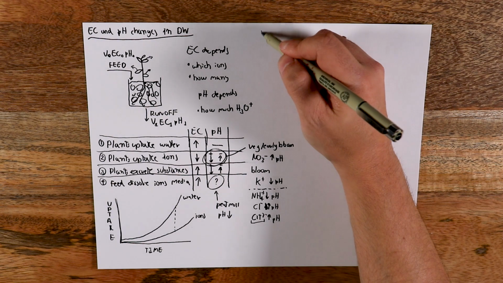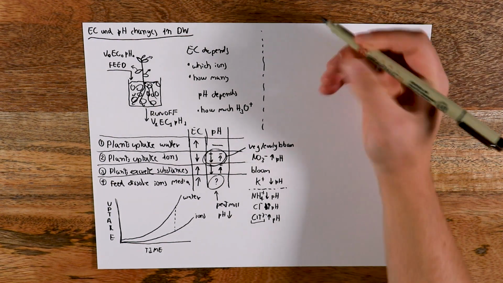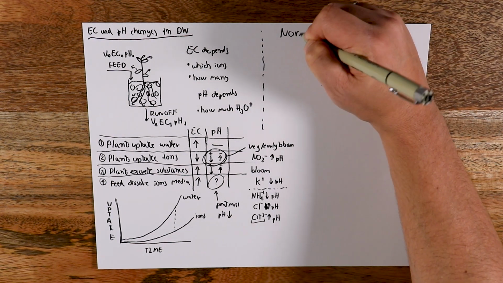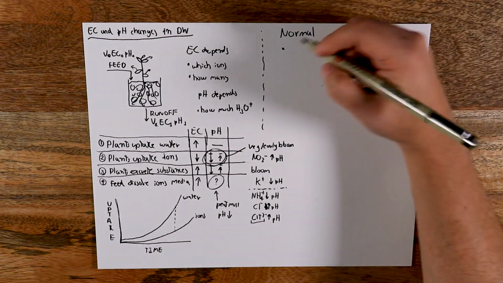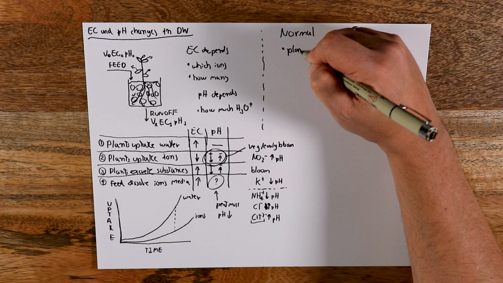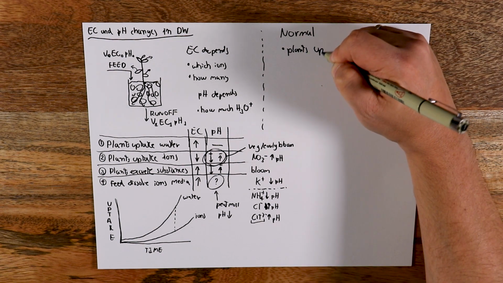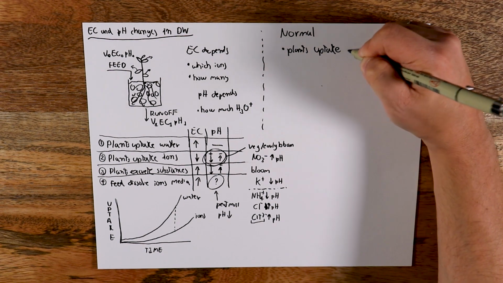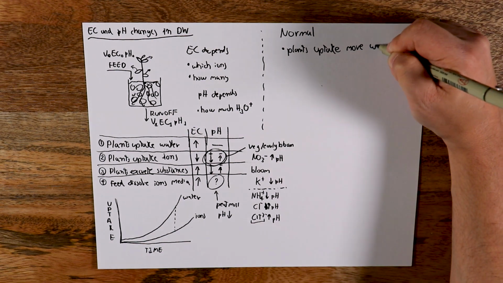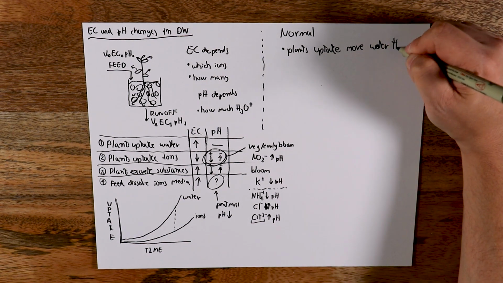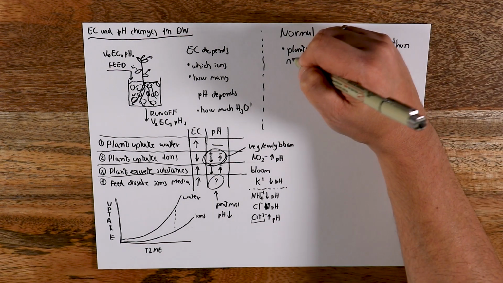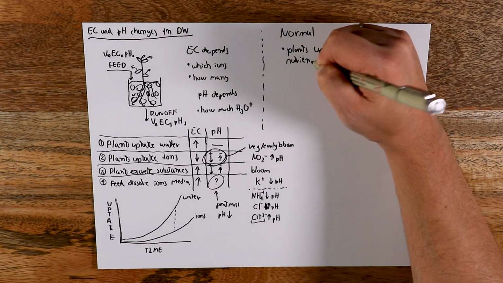So now let's talk a little bit about what's normal, so that you can get a sense of how things are supposed to go. In general, plants uptake more water than nutrients.